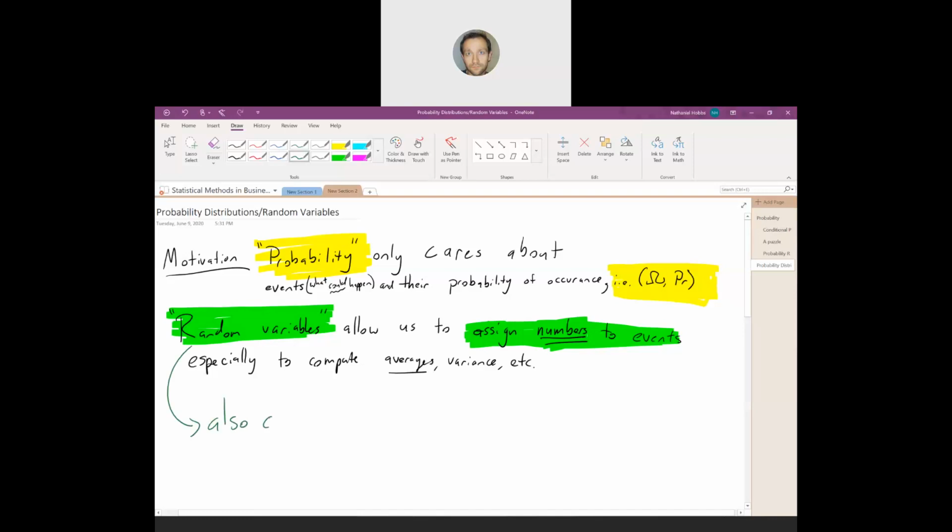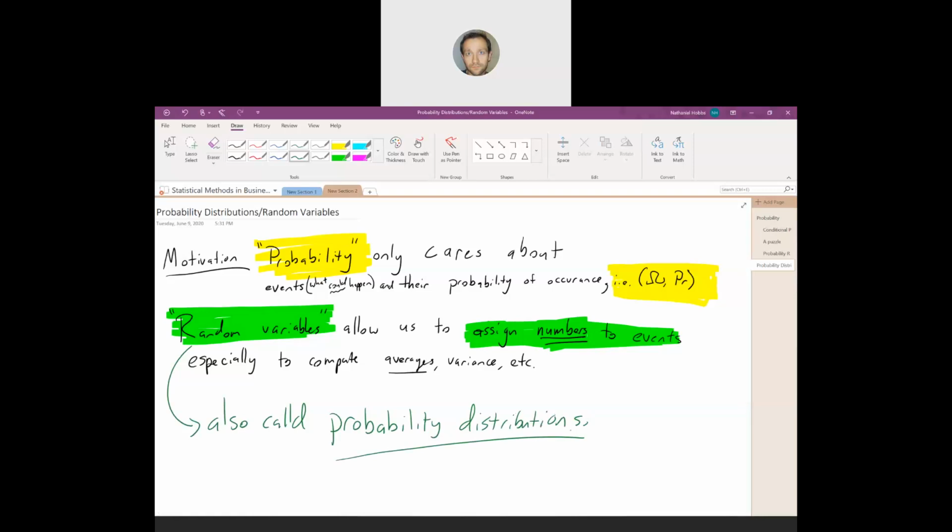These random variables are also called probability distributions. I happen to like probability distribution better.